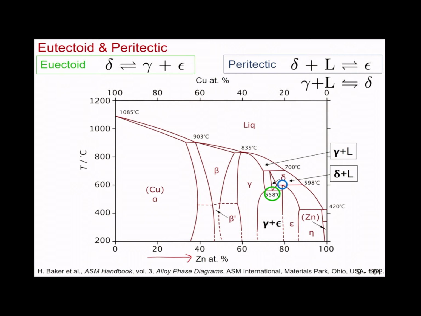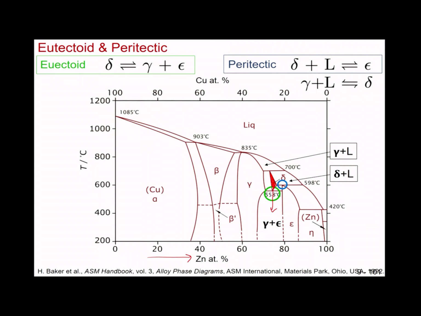You could have a eutectoid, which we'll talk about, where you have a solid going to two solids. In this particular case, it's delta going to gamma and epsilon. So you have this delta region right here. You can start out there, and once you pass this point right here, you get into gamma and epsilon.